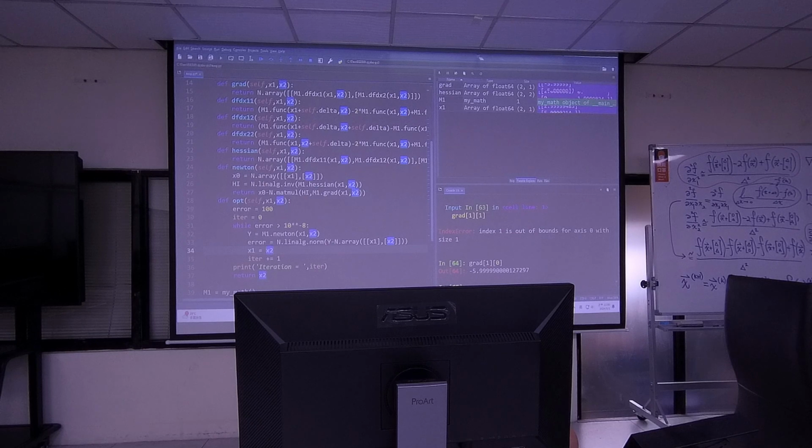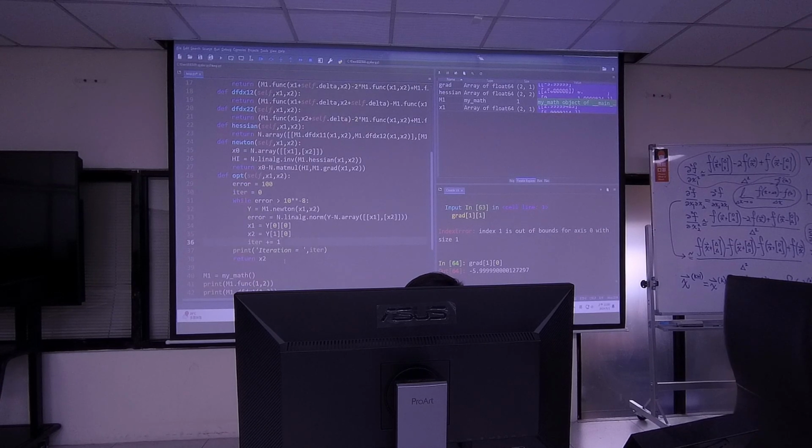So x1 equals to y, because it's an array, so the first one and the value inside. And x2 equals to the array, second one and the content inside. Okay, that should work. So in return you will just return y.